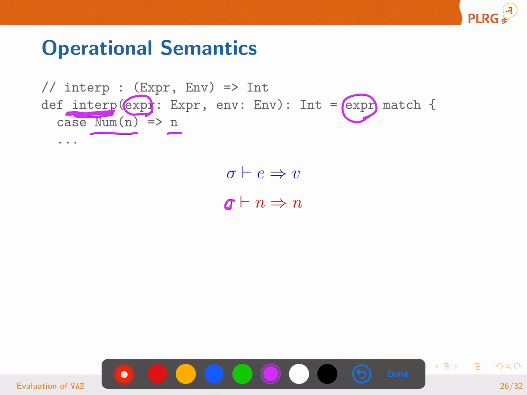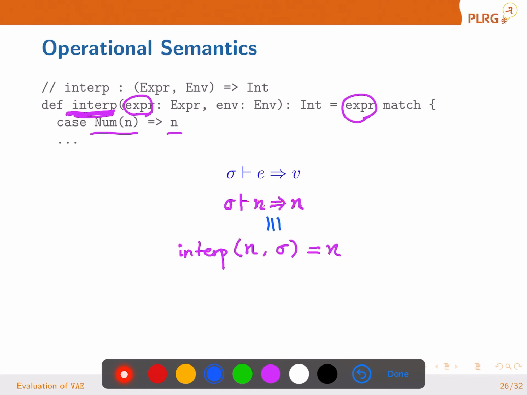Under whatever environment sigma is given, when we evaluate n, its value is going to be the value n. Simple, right? So there's a one-to-one correspondence. Interp of expression n under some environment sigma is what? n. These are just the same.